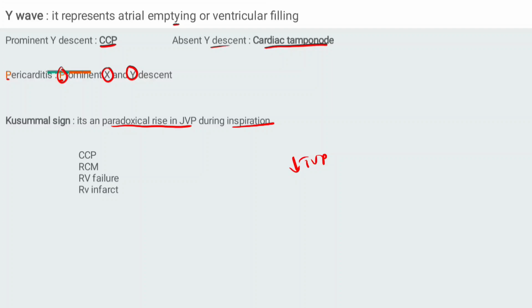The venous return increases and there is enough space for the heart, the right ventricle, to dilate and accommodate all the blood coming into it. But in some conditions the right ventricle cannot accommodate or receive all the blood coming from the right atrium. Those are constrictive pericarditis, restrictive cardiomyopathy, right ventricular failure and right ventricular infarct.